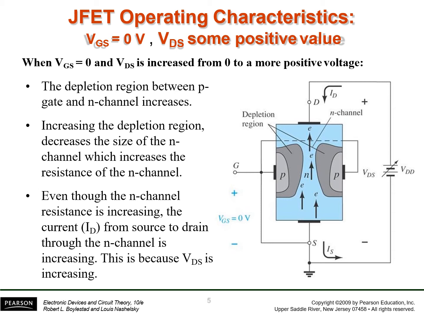Now this is a special case in which we have put VGS equal to 0, and as we go on increasing the voltage between the drain and the source, as you can see, we have a variable voltage source between the drain and the source.